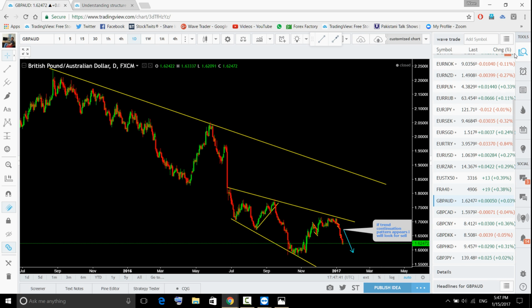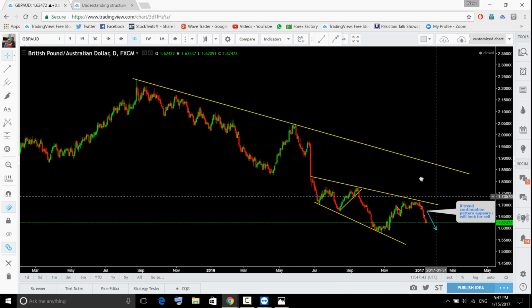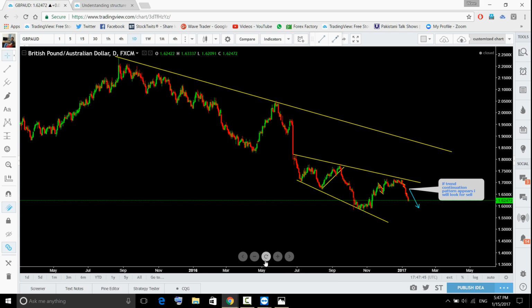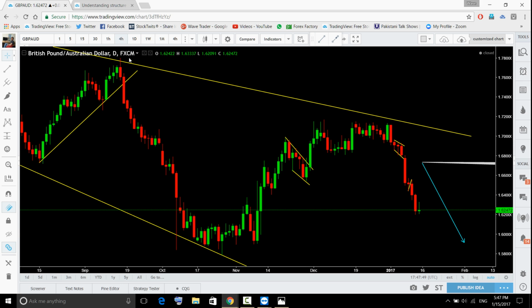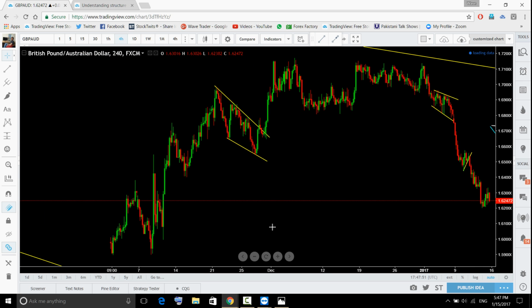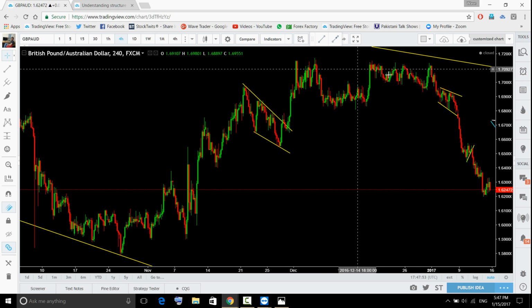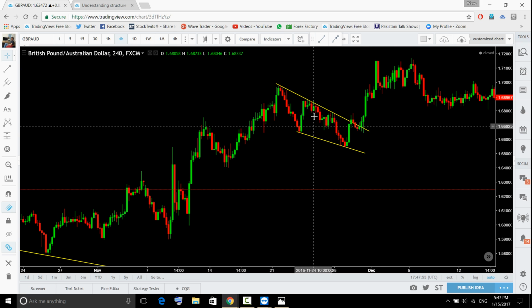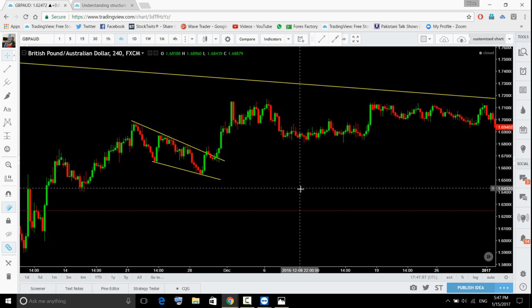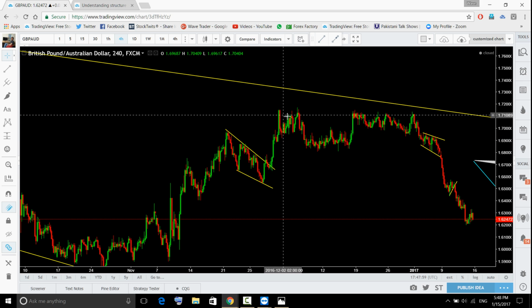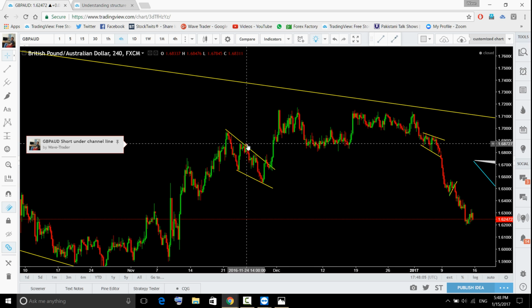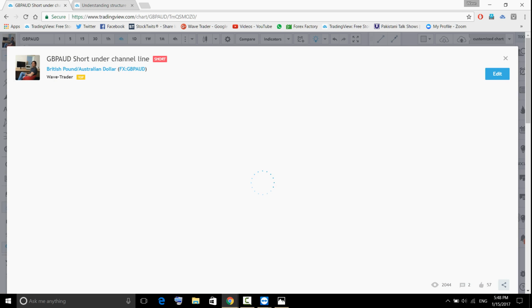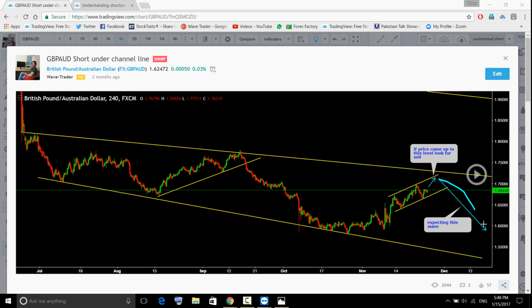This pair is about to hit the bottom. We were looking at this pair from somewhere here, and we were expecting this move.